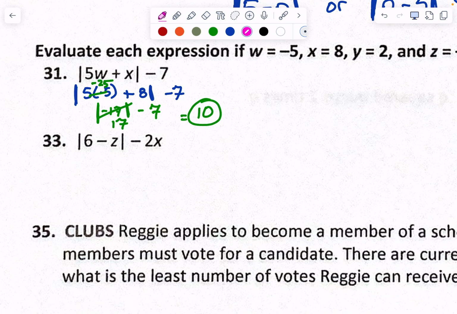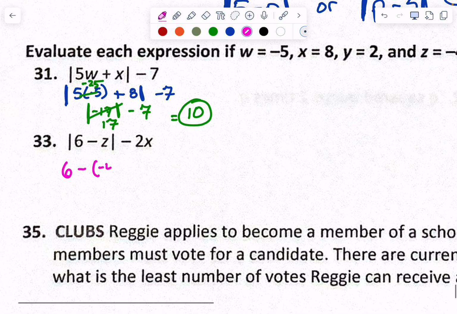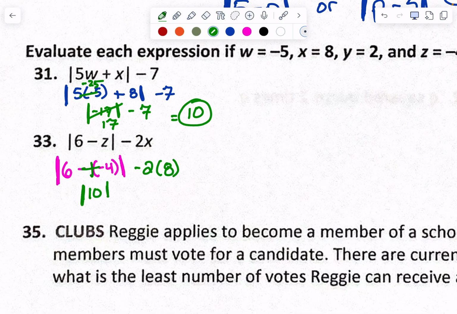Okay. 6 minus z, and z is -4, so it'd actually be plus 4. You're right. And then minus 2 times 8. So 6 plus 4 is 10. The absolute value of 10 is 10. Minus 16 is -6. So it's important to note that just because it has an absolute value in the equation doesn't necessarily mean it won't come out negative, right? Because you're subtracting after you take the absolute value.